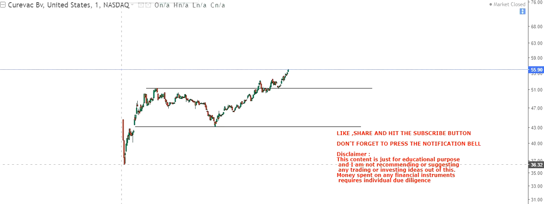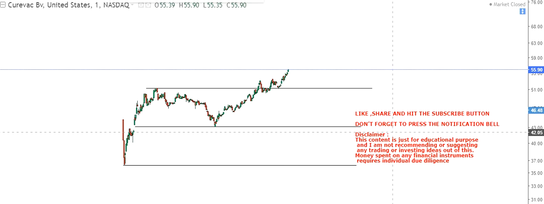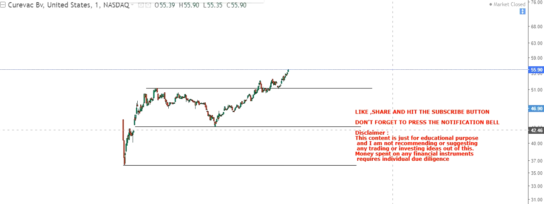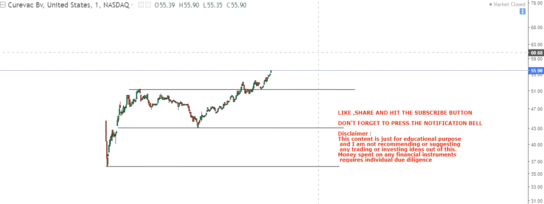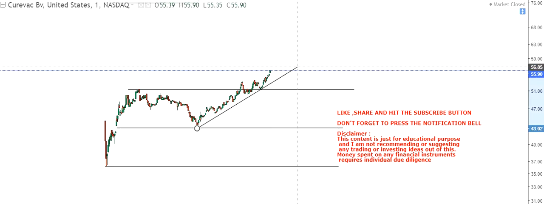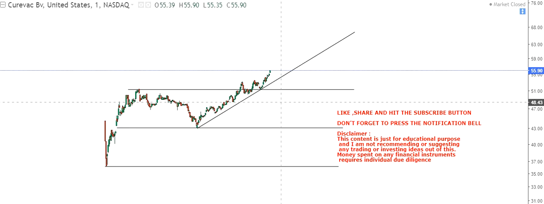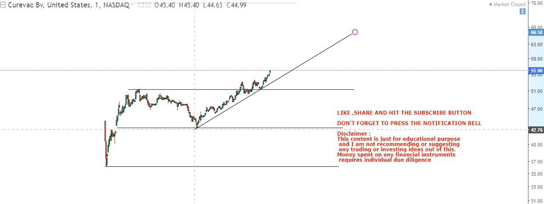So we have to look at each and every support and resistance with equal importance. Do not just get carried away with the sharp rise you are looking at right now, but look at the trend and try to find out the support and resistance it has, because it has its own importance.